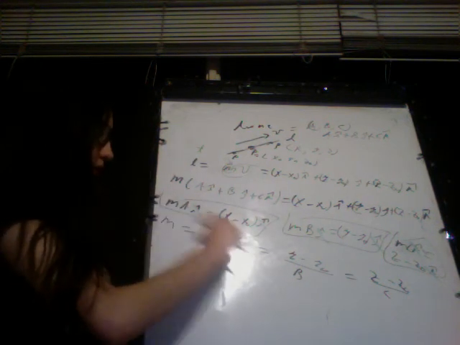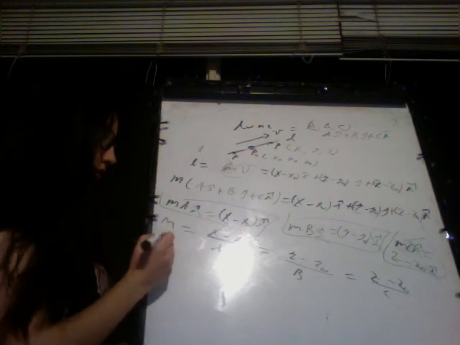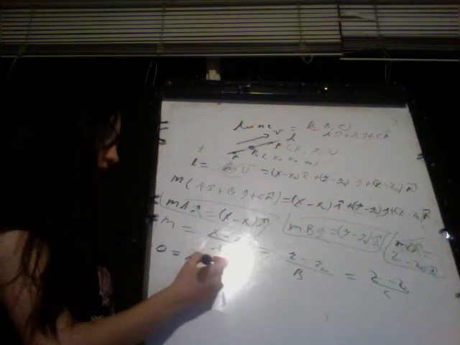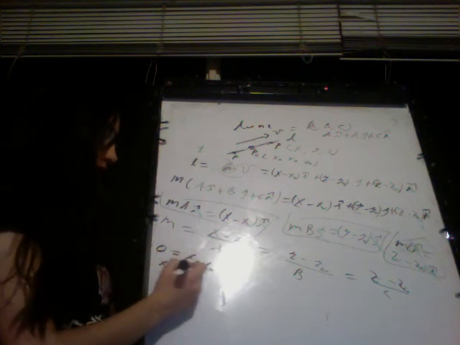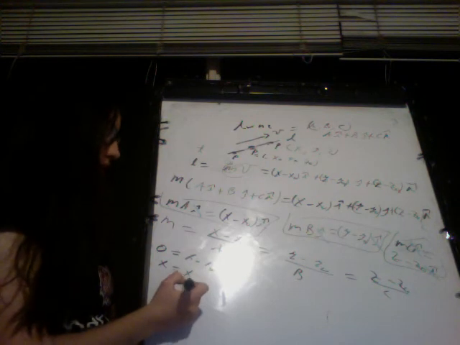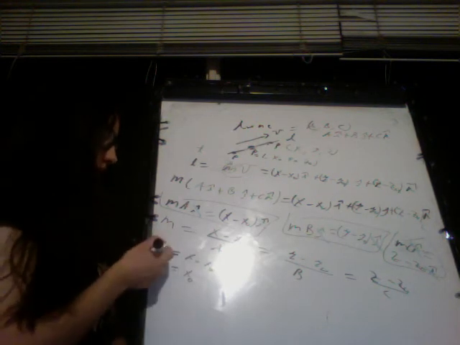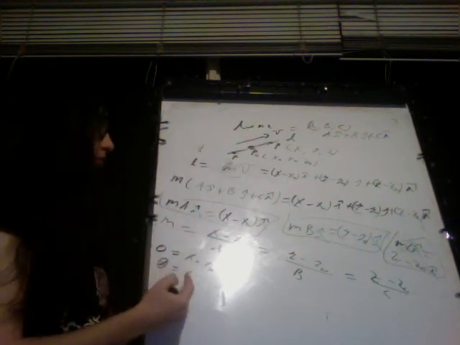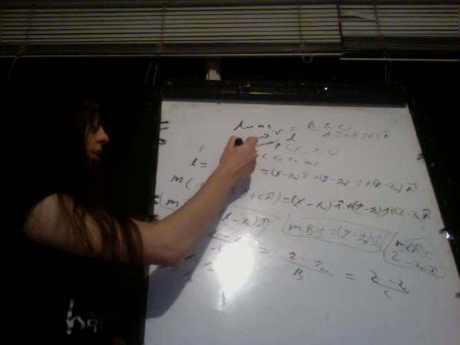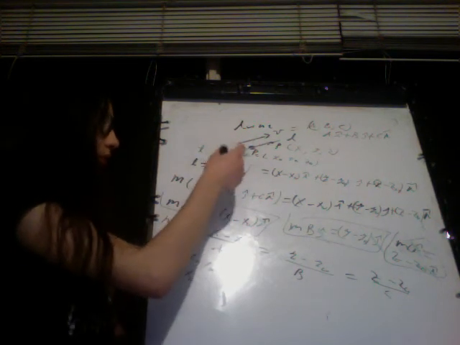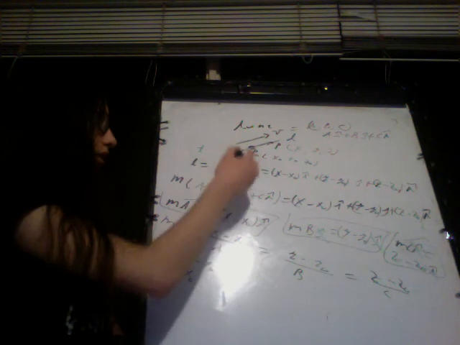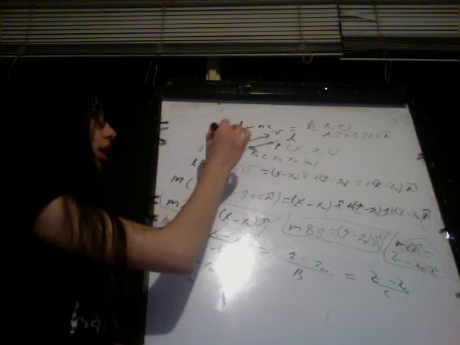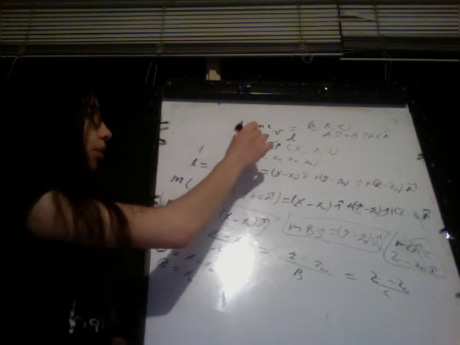In this parameterized equation, because A is 0, we just have 0 times M. 0 is equal to X minus X naught, and so X is equal to X naught. That means that the x of the line is always equal to X naught, so no matter what Y or Z is, X is always this point.